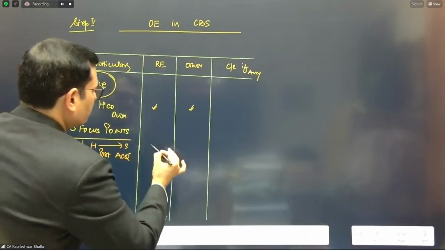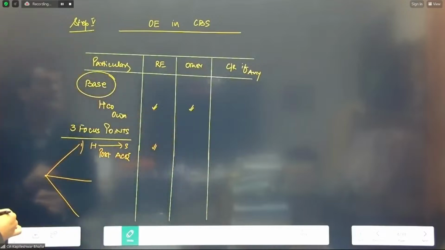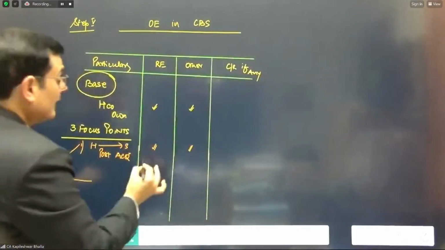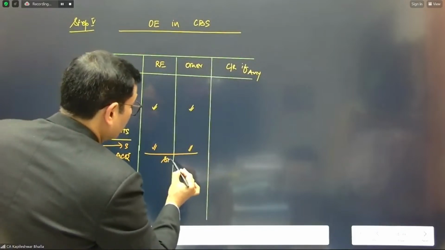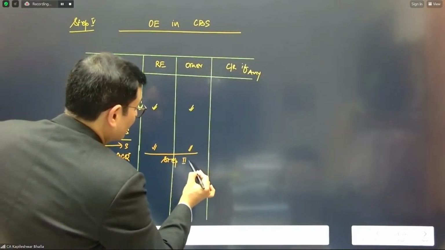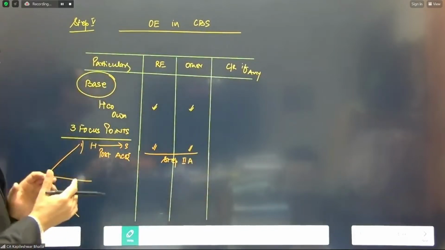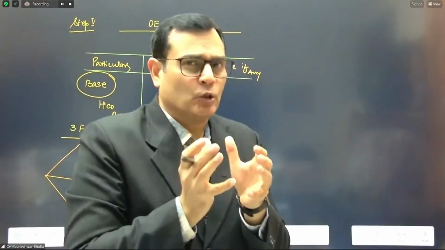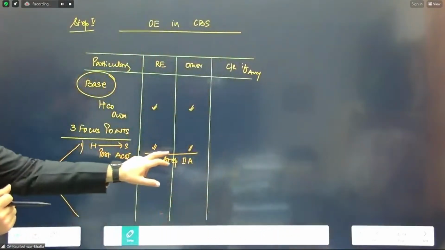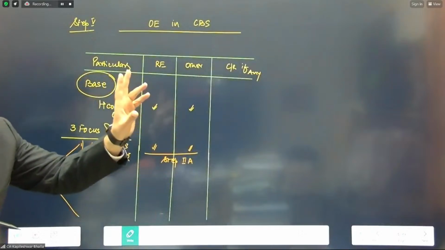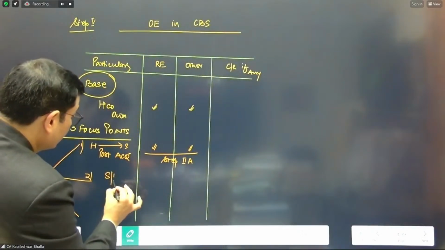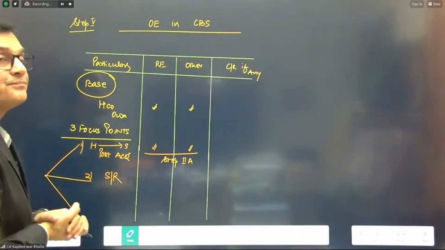Typically, you will get a post-acquisition share in RE, or maybe a post-acquisition share in other components. This information is available from the analysis of equity, that is step number 2A. Your step number 2A will become the focus to pick up the holding company's share in subsidiary post-acquisition profits. Then the second focus point is looking at the stock reserve.